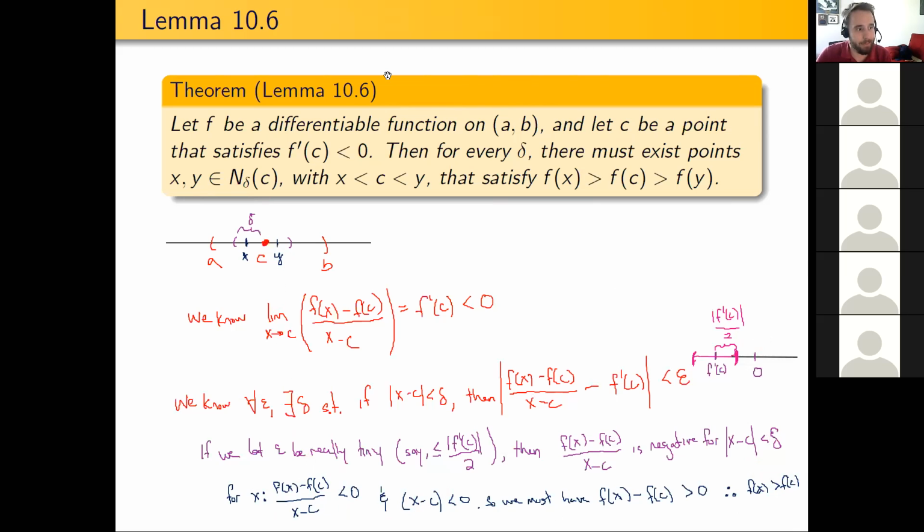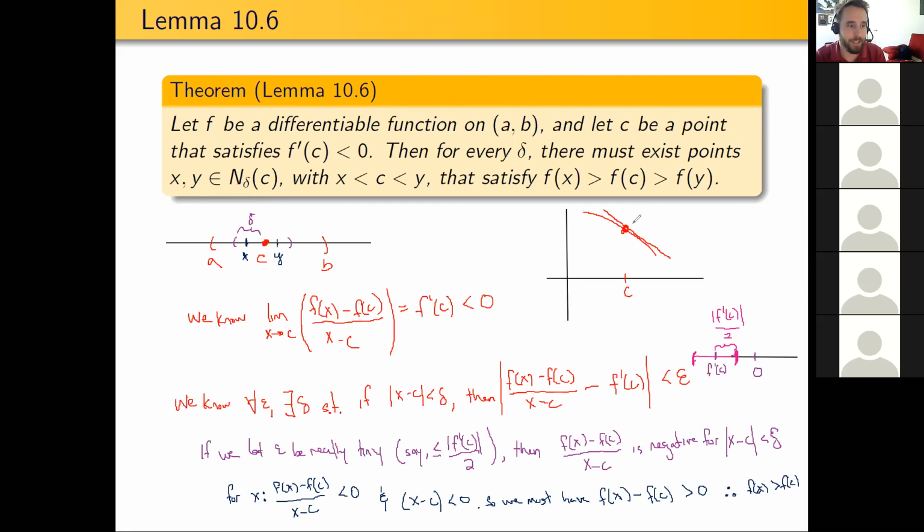And so the intuitive picture that we have is that for such a function, let's say we have a differentiable function and this is our c value, then if our function's derivative is negative there, we expect our function to be decreasing.